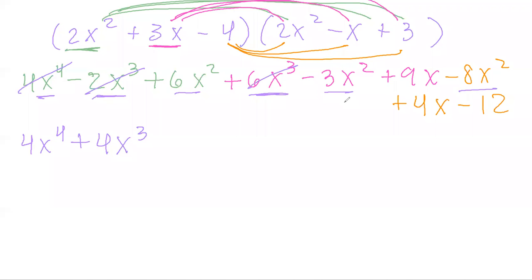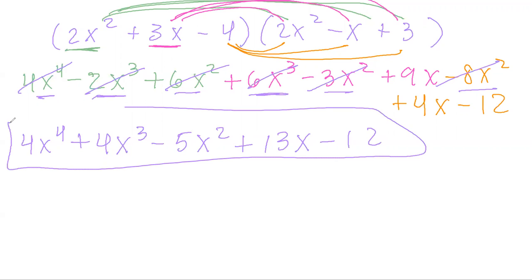And then 3 minus 8 is negative 5. So I have negative 5x squared. 9 plus 4 is plus 13x, and then minus 12. So this is my result here.